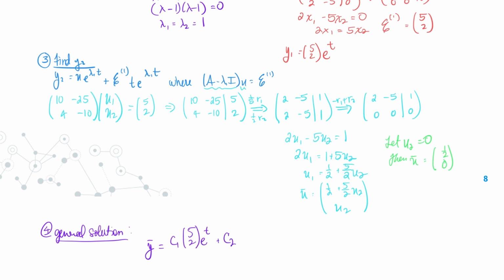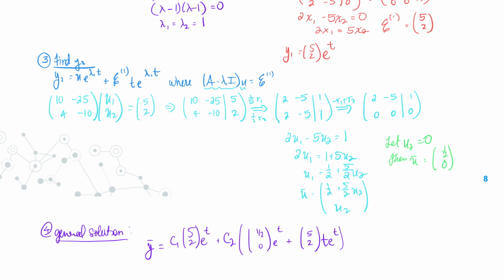Well, this is y2. U e to the lambda 1t plus our eigenvector times t e to the lambda 1t. So c2 times u, which is 1/2, 0, right? E to the lambda t, which lambda is 1 here, so e to the t, plus our eigenvector 5, 2, times t e to the lambda t, which is again 1, so just t e to the t.